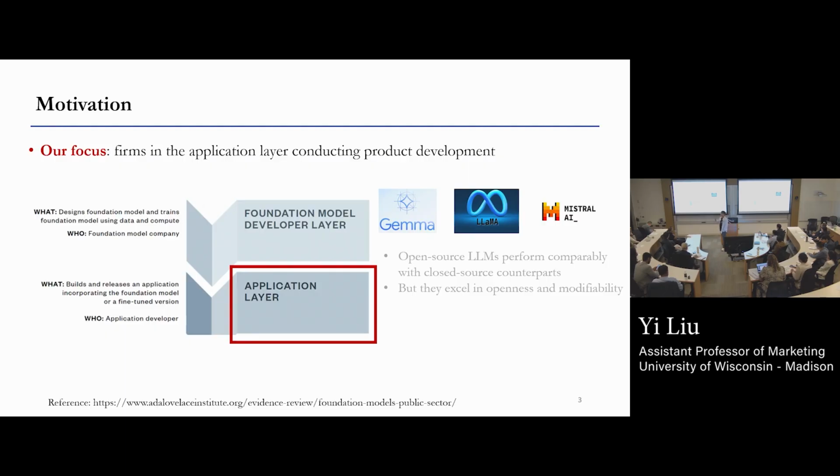So you can ask it for your math problems or even writing tutoring. So what we are focusing on is this application layer. They will build the application incorporating the foundation model, and they will use some fine-tuning approaches to make this model more applicable to the specific application we are using.